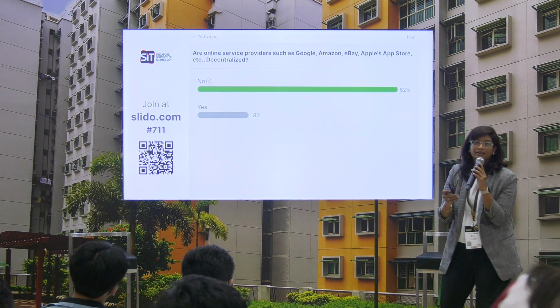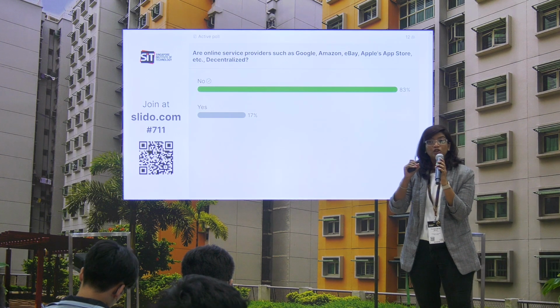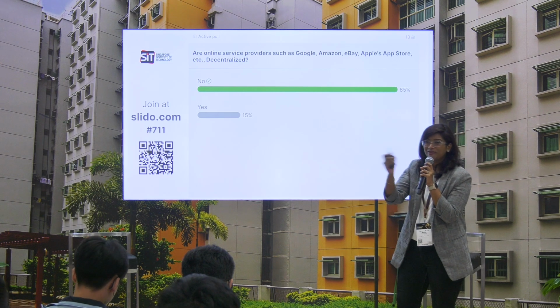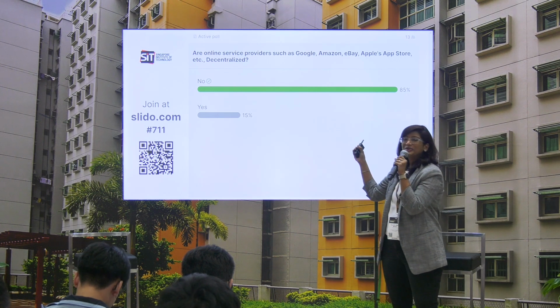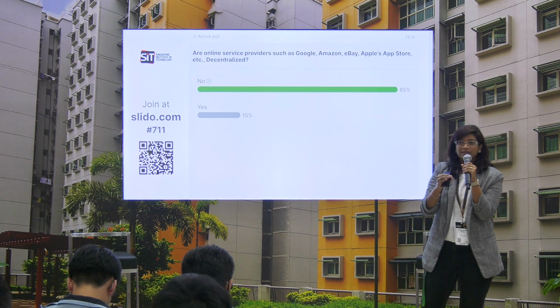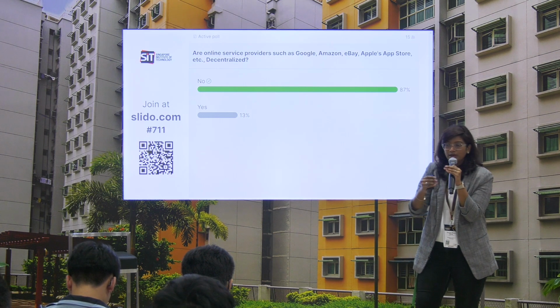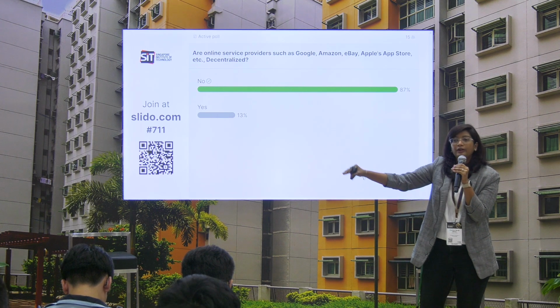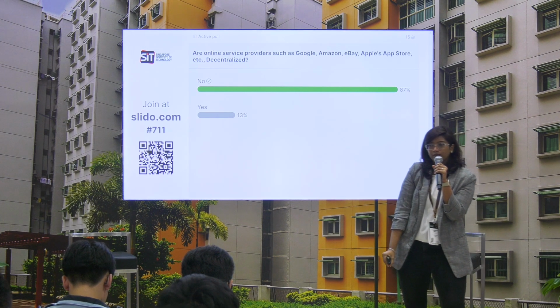No, you're right. So it is not decentralized. I hope you just didn't answer no because the previous answer was yes, right? So the answer here is no, because the whole data is not stored in a single server, right? We just saw it is stored across different nodes across the world, right?